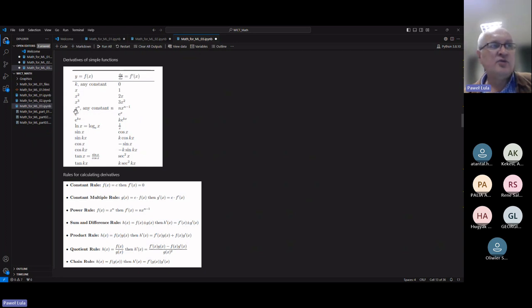Generally speaking, if we have x to the nth power, the derivative is calculated using this formula. So this n value we should move here, and here we should decrease the previous value by 1.